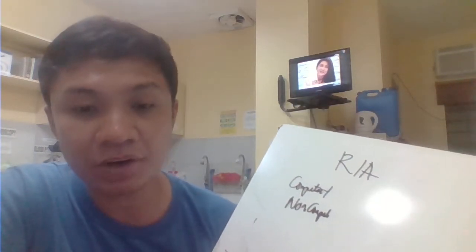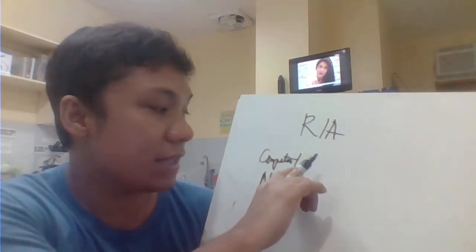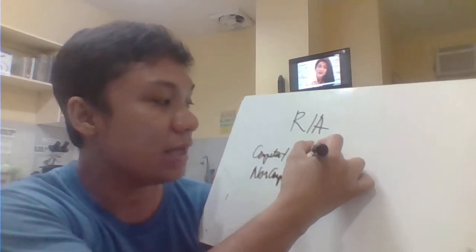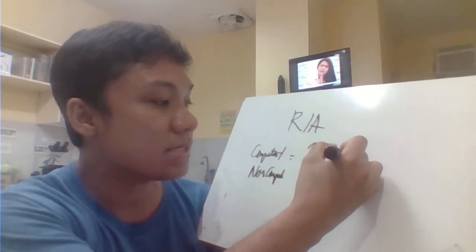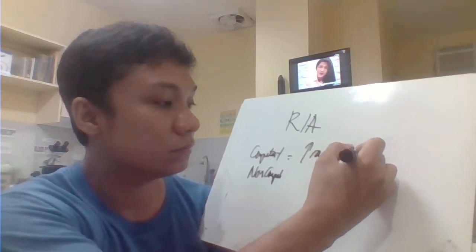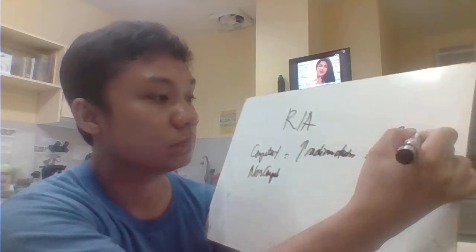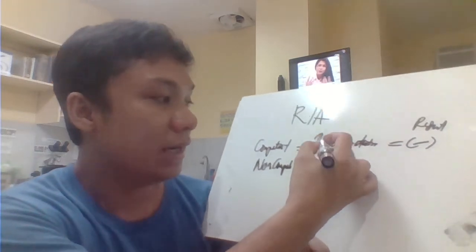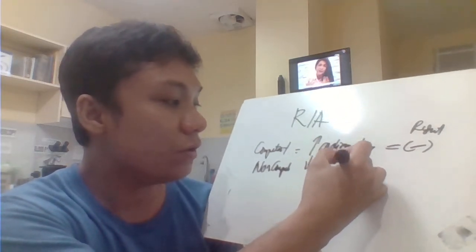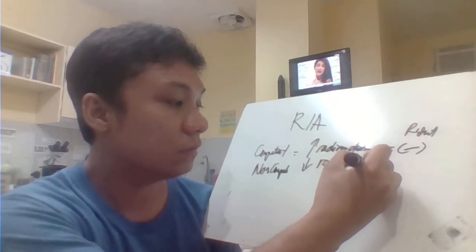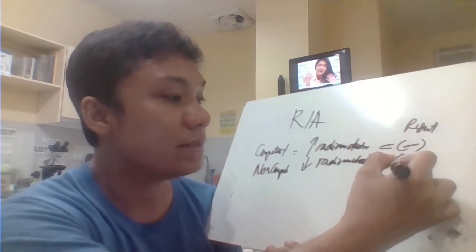Okay, competitive or non-competitive. So we have discussed already, pag competitive, di ba? Increased radionucleotides, okay, this is your negative result. Okay, decrease ratio, okay, this is your positive na result.